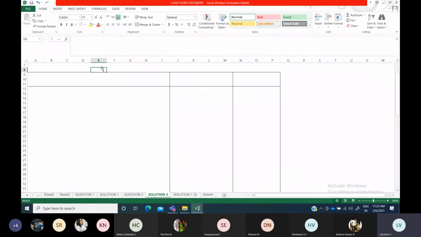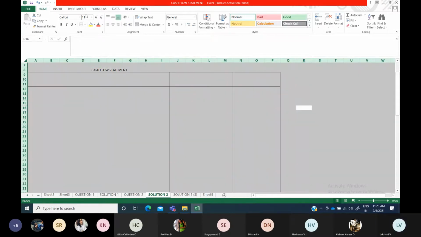Cash flow statement of that particular company's name.